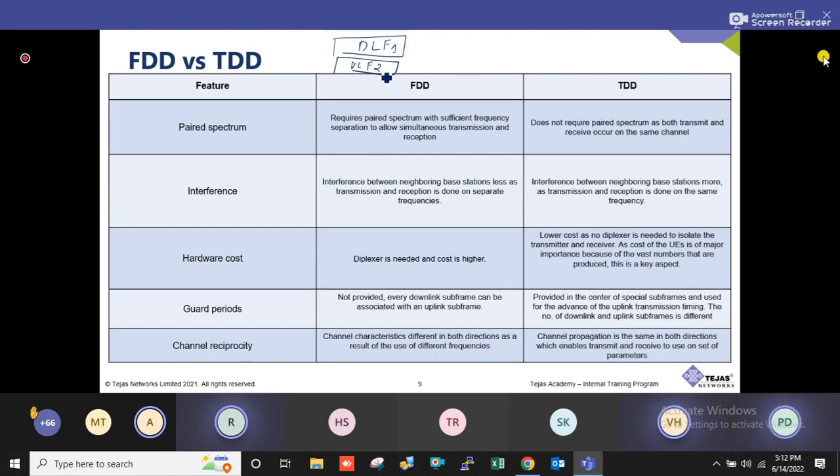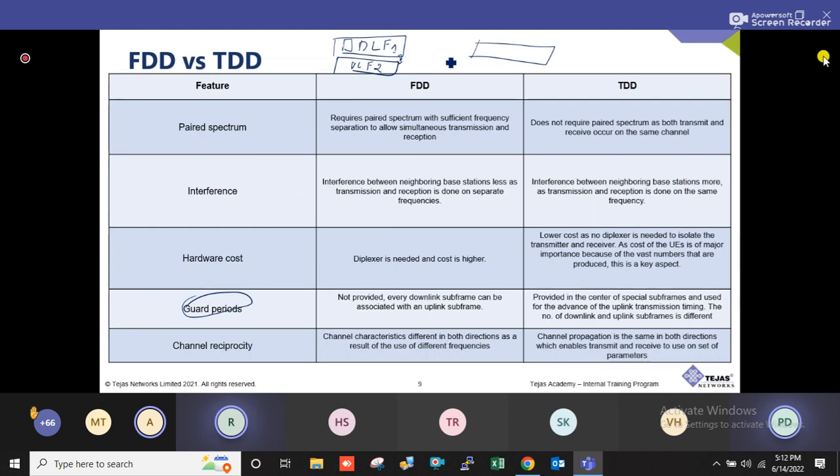I'm not talking about the duplex separation, but the guard period. Since I have a different path for downlink and uplink, we do not have a guard or gap inside this frequency. Not required.